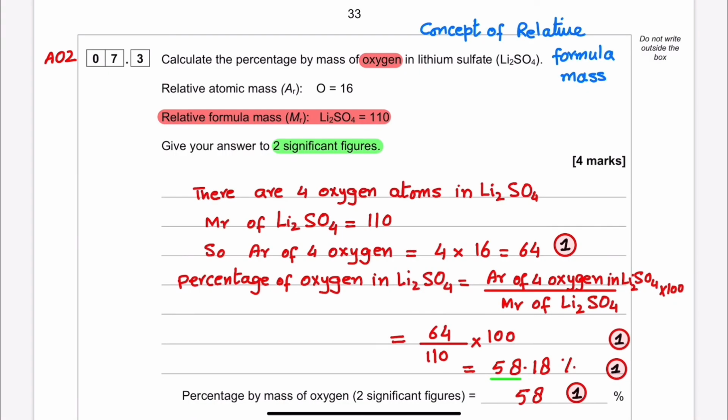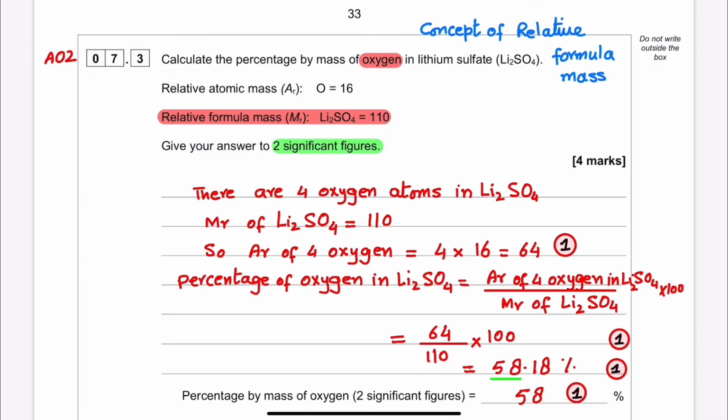There are 4 oxygen which we can see in our formula, and the mass of each oxygen is 16. So we can find the relative atomic mass of 4 oxygen, that is 4 times 16, that is 64. To find the percentage of oxygen in lithium sulfate, we need to find how much oxygen is there by mass, that is 64, divided by the total mass or total Mr of lithium sulfate, that is 110, times 100.